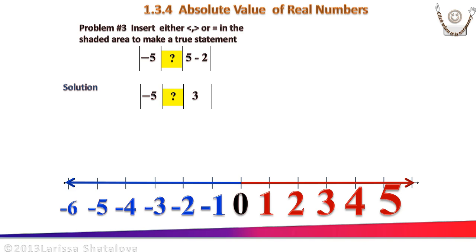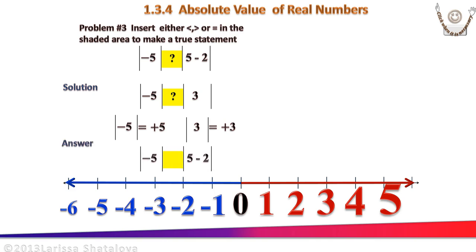So now we have absolute value of negative 5 and absolute value of positive 3. Whatever is coming out of absolute value will be positive. So the first bars will give us positive 5 and the second bars will give us positive 3. So now we know that positive 5 is greater than positive 3. Now we can go back and show the correct symbols.